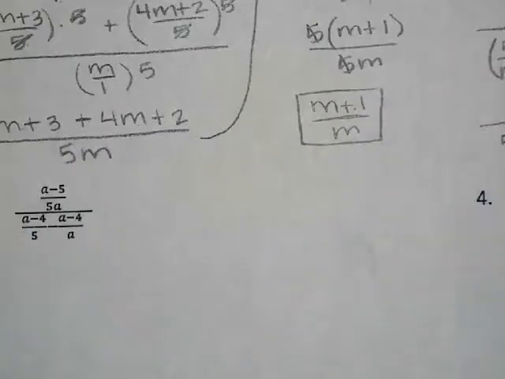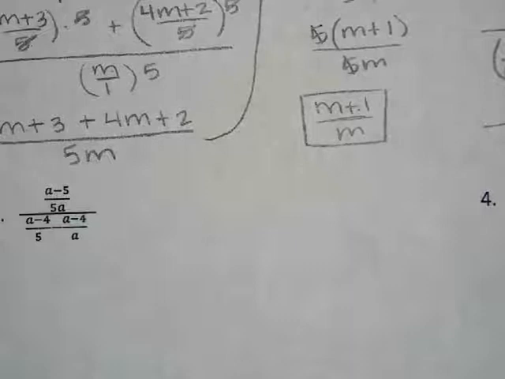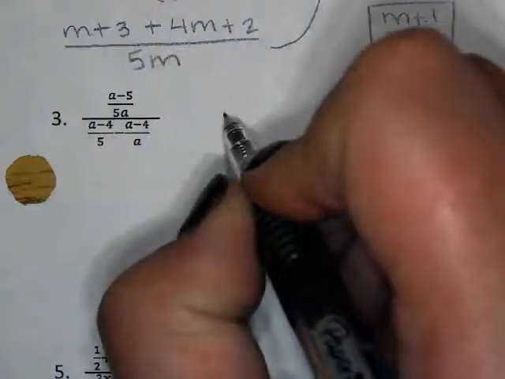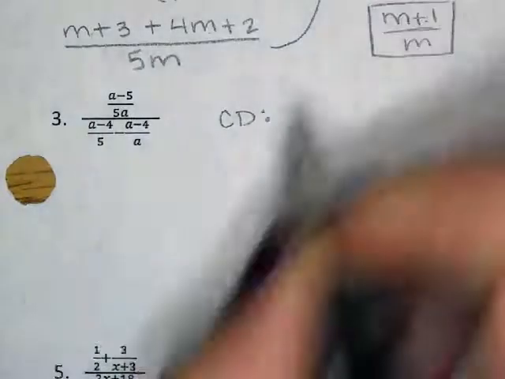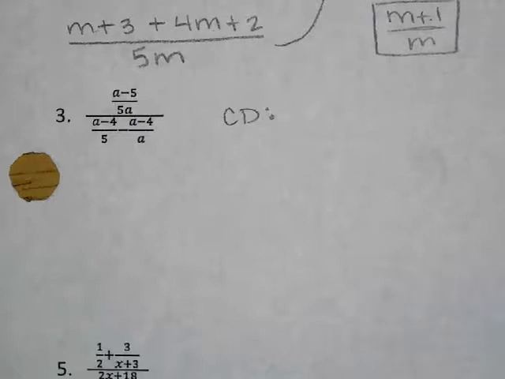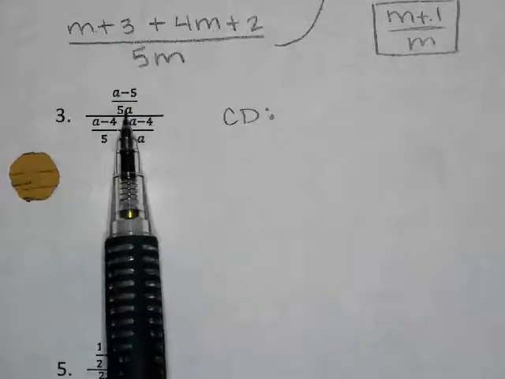Number 3. What's the common denominator? 5a. So this one's different than 1 and 2 because on this one, each of them were written as fractions this time. And so we didn't have to turn any into fractions. So we've got a 5a, we've got a 5, we've got an a.